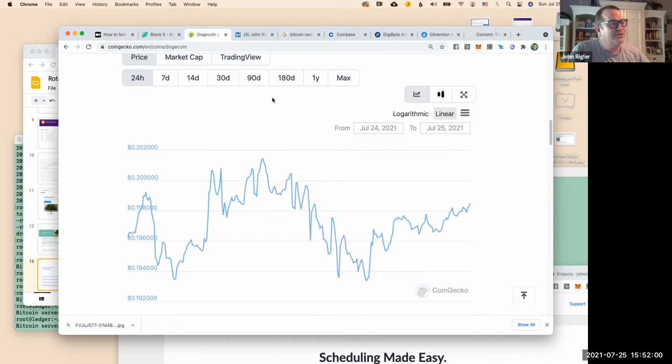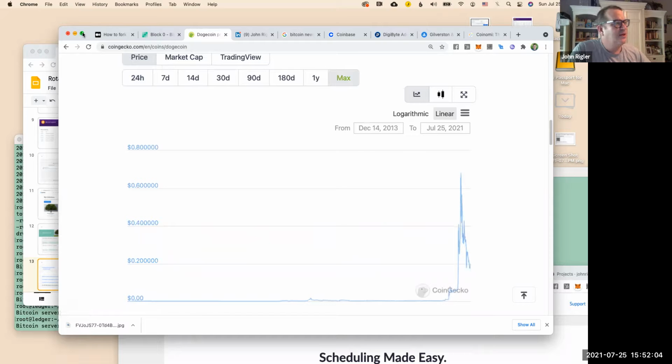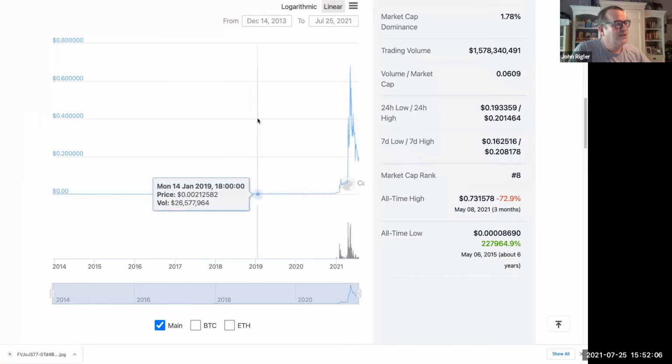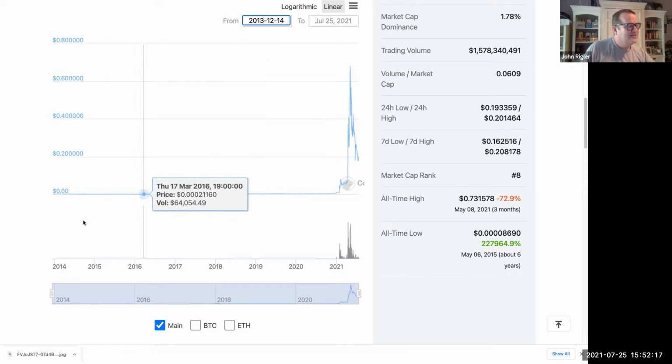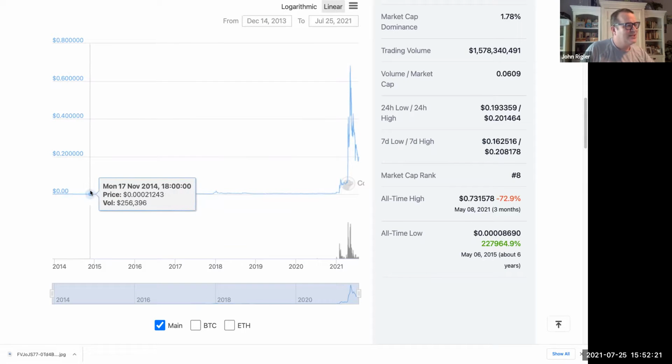There's your candle. So let's look at the max on Dogecoin. So this is actually the price for most of the history of Dogecoin, right?